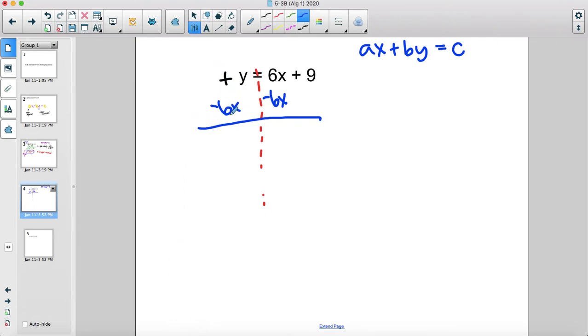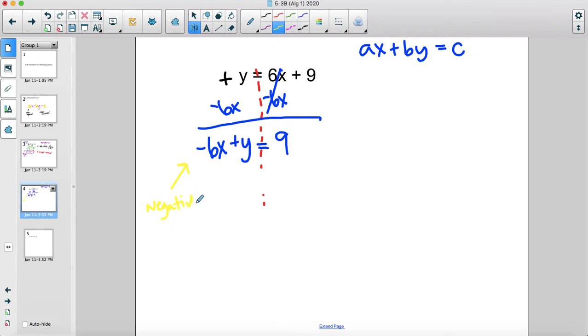There's no x's for this to go with, but we want this in the order that we want. So we're going to put minus 6 in front. Plus y didn't get touched, so it's still here. Equals. Those x's cancel out, and plus 9, we just need to write as 9, because we know if there's a positive there, we don't actually have to write it down. Now, we've got a negative x.